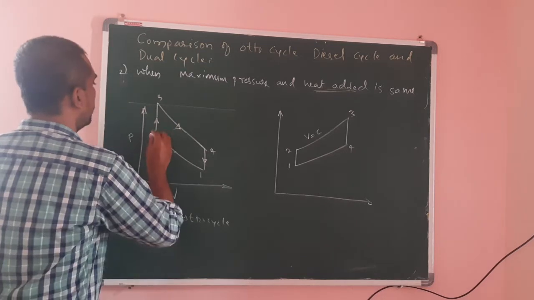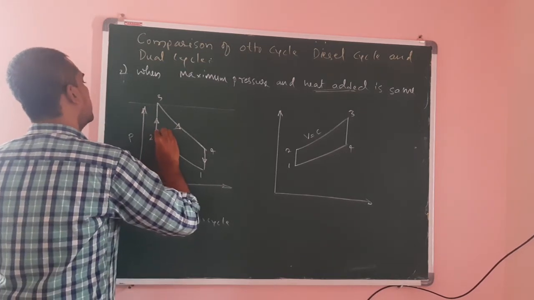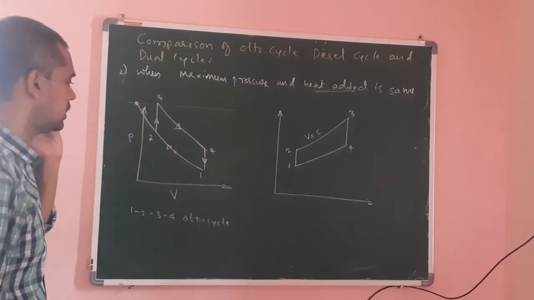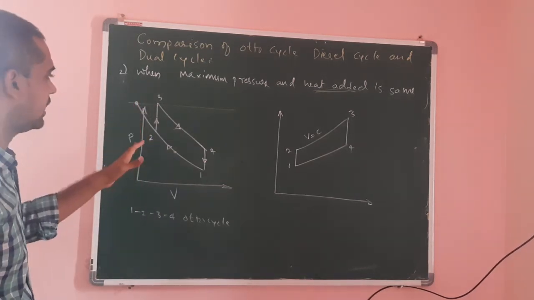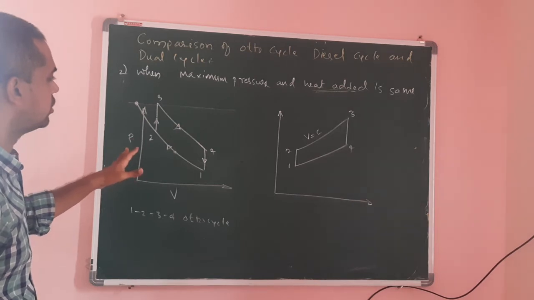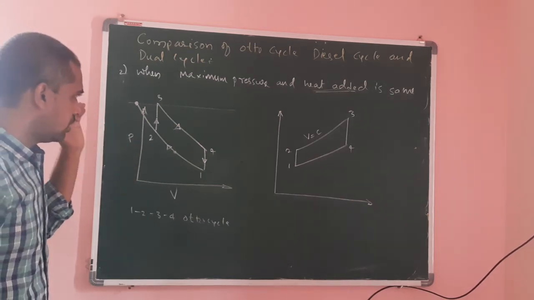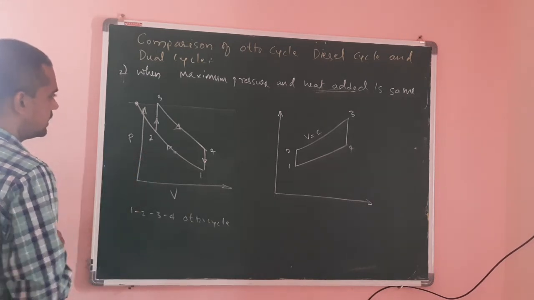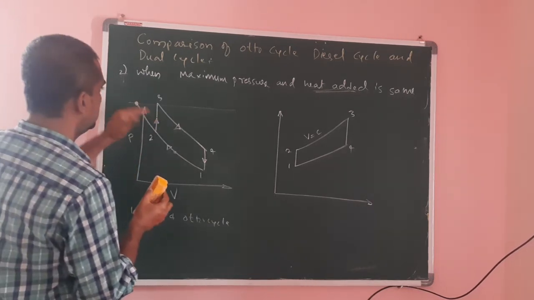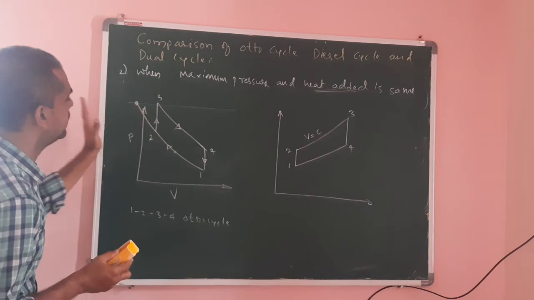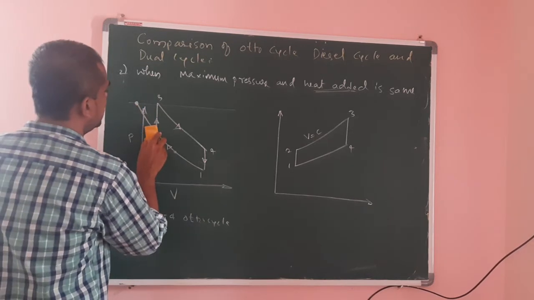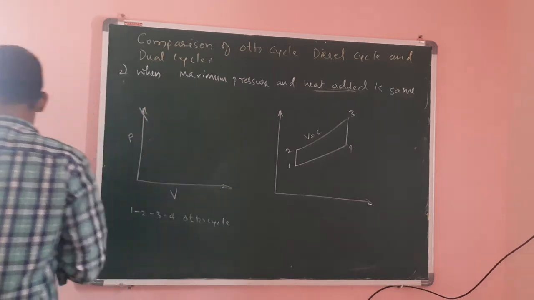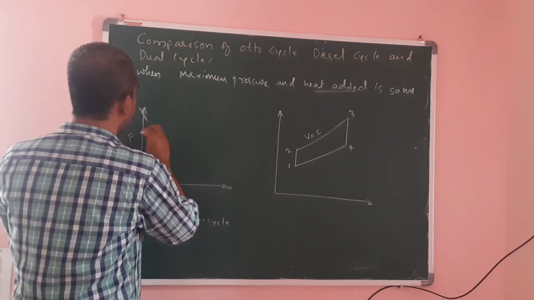It should extend here, and P2 should be here, because for a diesel cycle heat is added at constant pressure. Therefore, I have to draw this again because it has extended beyond this P scale. I will draw this again for the scale. It is like this.